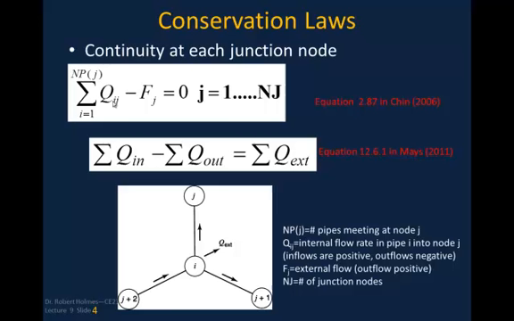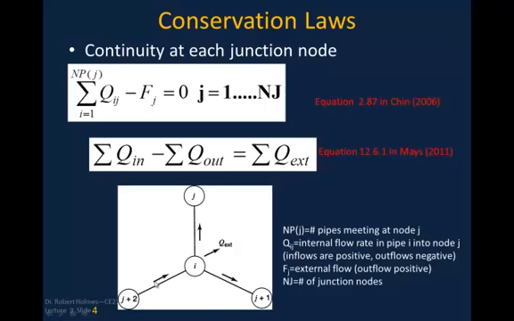Now you'll note that in Mays he uses Q external. So the nomenclature I'm following here is essentially what we have in Chin, whereas in Mays he talks about the sum of the flow coming into the node, in this case node I, would be these pipes here.